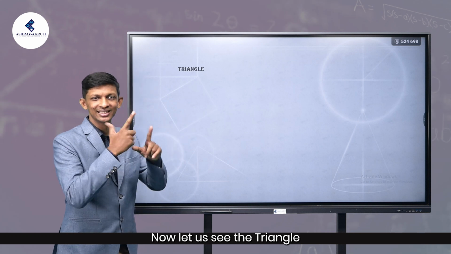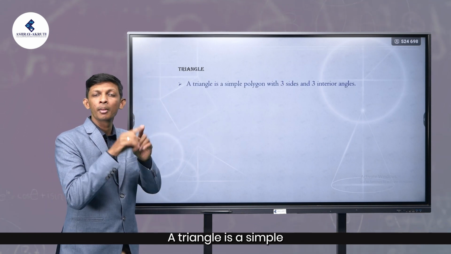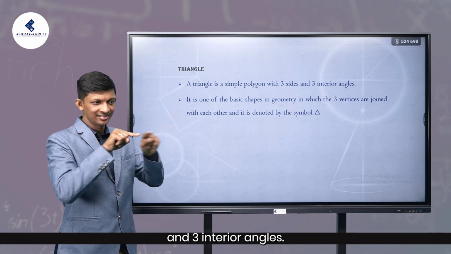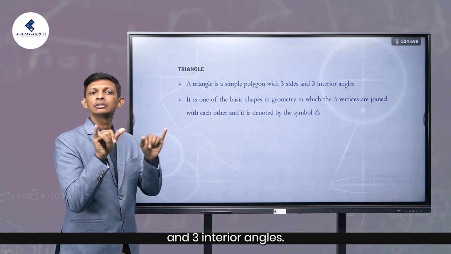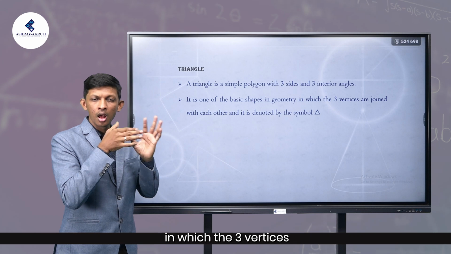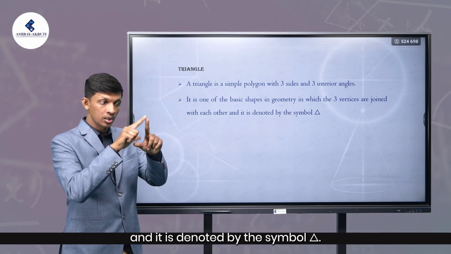Now let us see the triangle. A triangle is a simple polygon with three sides and three interior angles. It is one of the basic shapes in geometry in which the three vertices are joined with each other and is denoted by the symbol.